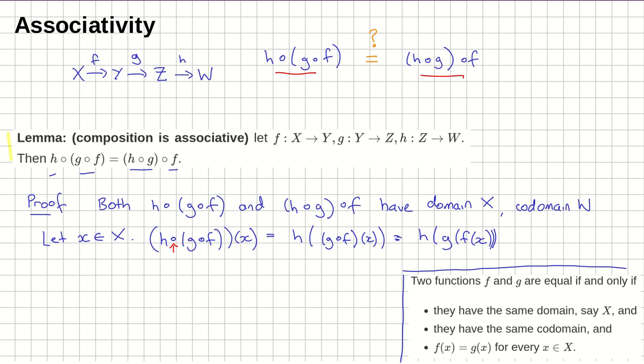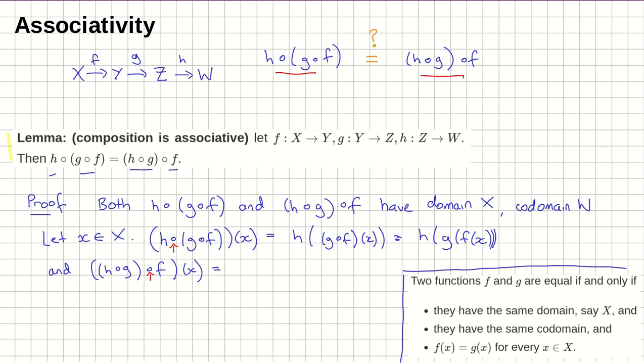Let's now try the other composition. So if we now look at h composed with g, and we compose with f, applied to x, then again, unwinding this inner composition here, what happens?